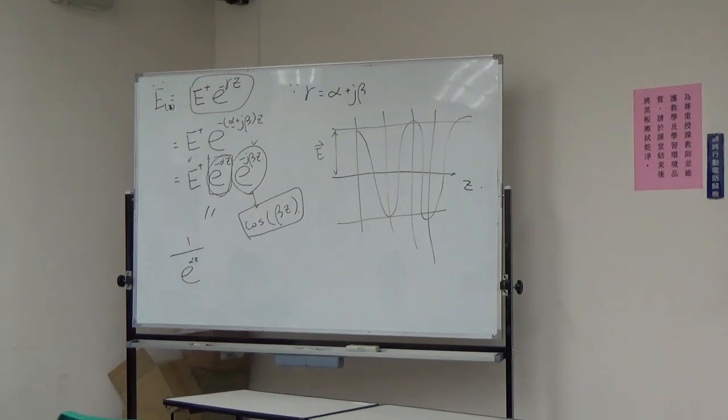You will find this one. The blue one is your cosine function, and your pink one is your attenuation function. So if you multiply these functions together, you get the red curve.